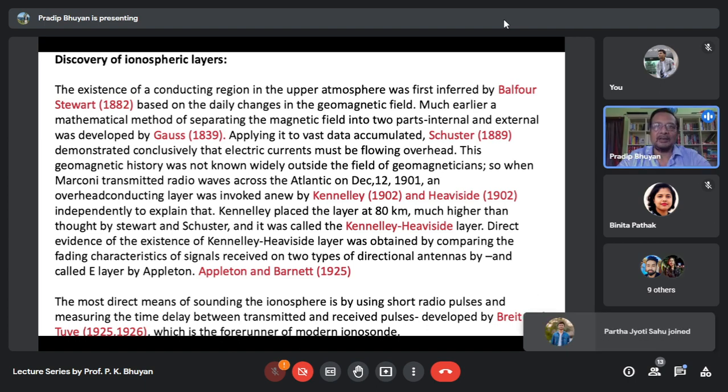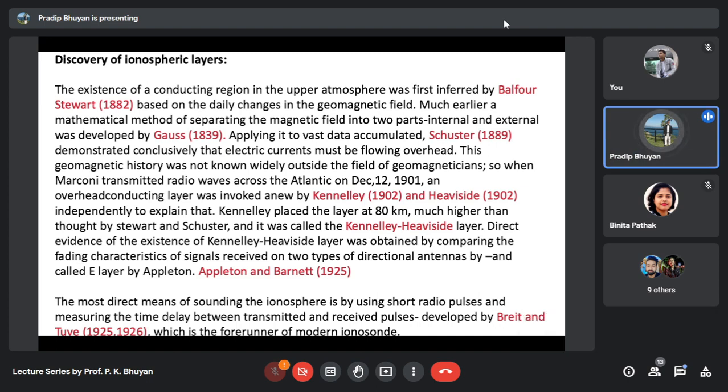Okay, so applying the vast data accumulated over the period, Schuster, 1889, demonstrated conclusively that electric currents must be flowing overhead. By using experiments, he showed that electric currents must be flowing overhead. Overhead means above the Earth's surface.